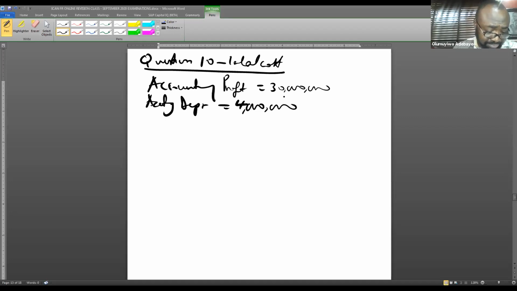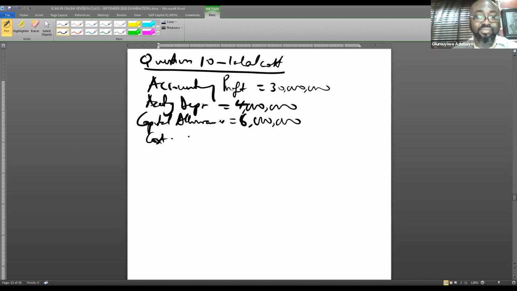And tax depreciation granted in the first year, that's capital allowance, was 6 million. And we are told that the cost of the plant was 20 million. And tax rate was 30%.